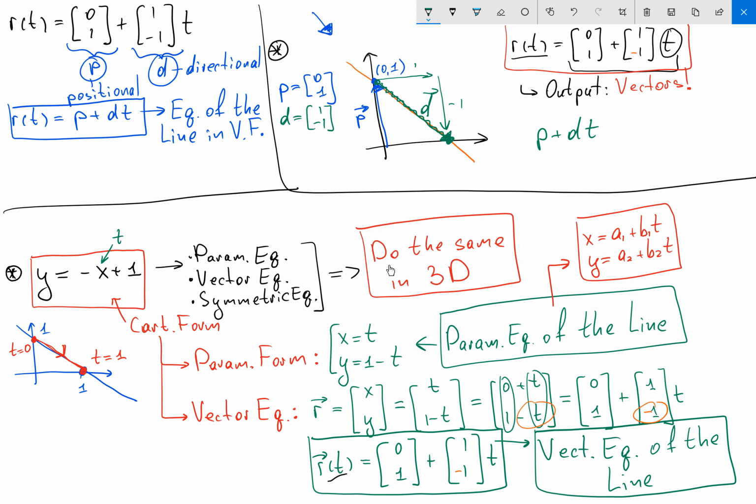It makes sense. Why? Because when t equals 0, I have just vector p, so I get this point on the line. When t equals 1, I will have vector p plus vector d, and by the rule of adding vectors, we get exactly this vector, which in our case was r of 1.